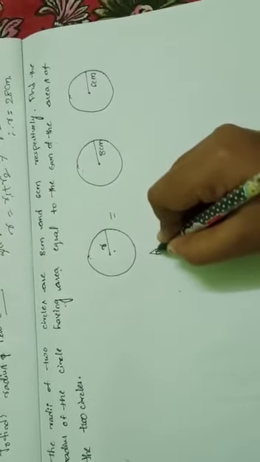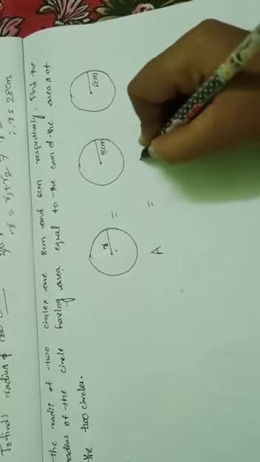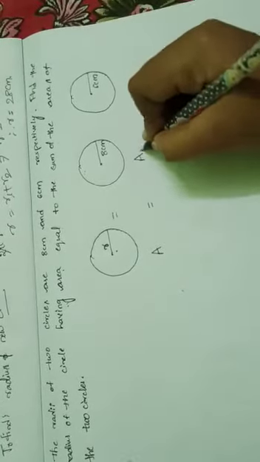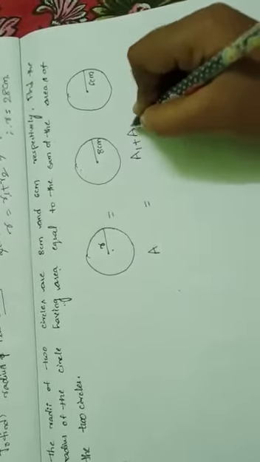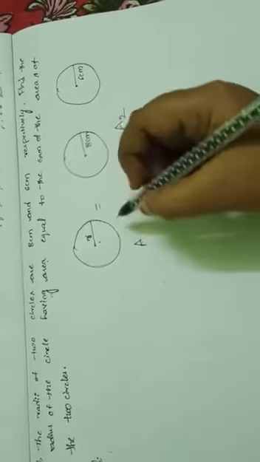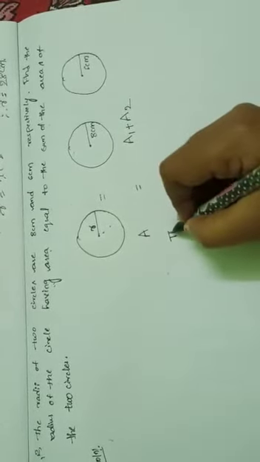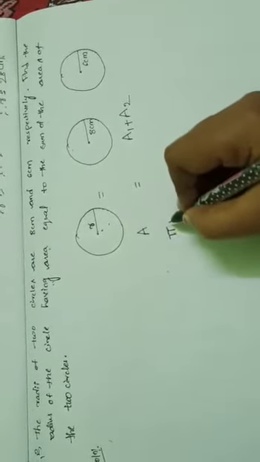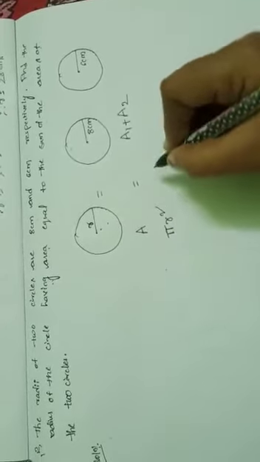Area of new circle equal to sum of the areas of first two circles. What is the area of first circle? We know the formula, area of the circle is pi r square.